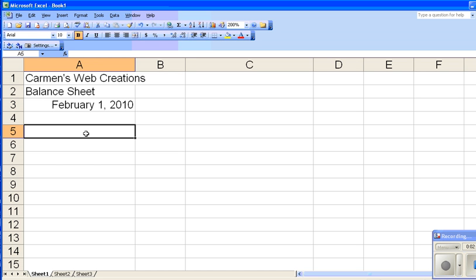In our previous assignment, we noted that assets were found on the left-hand side of our paper. This continues when we prepare a balance sheet. We are going to type in all capital letters and bold the word assets.